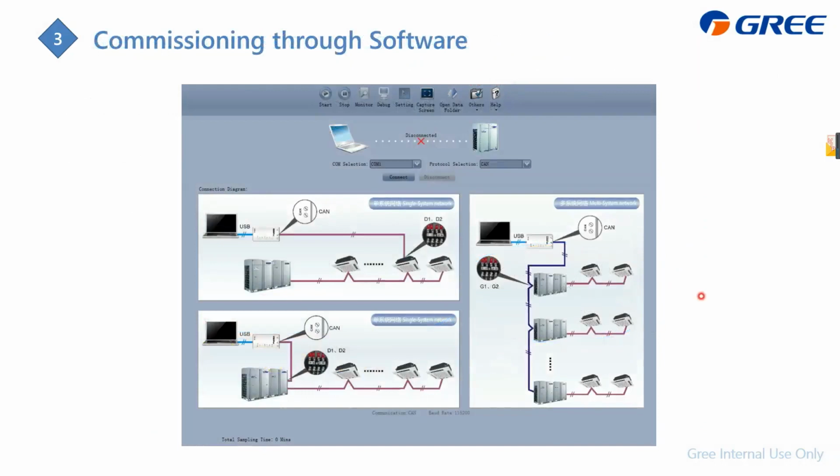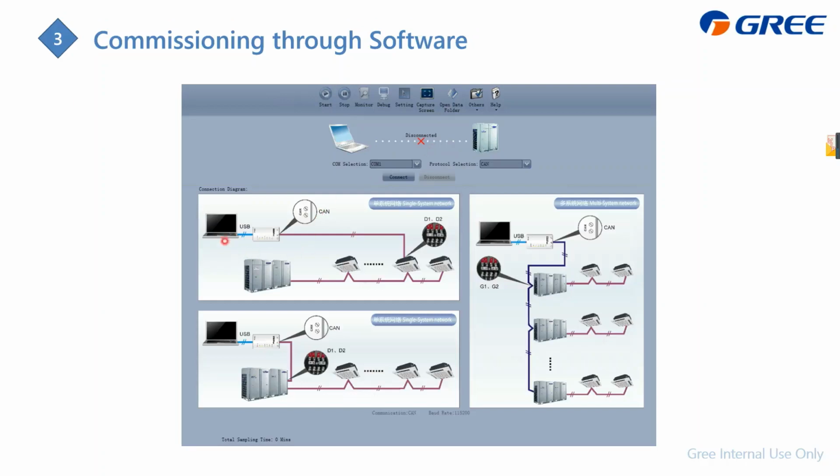And the above part we have talked about is doing the commissioning through the mainboard, and we have already said we can do the commissioning through the commissioning software, and how to do the connection.